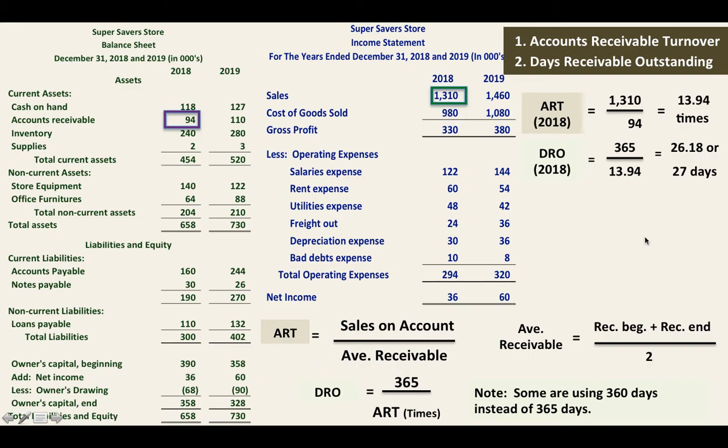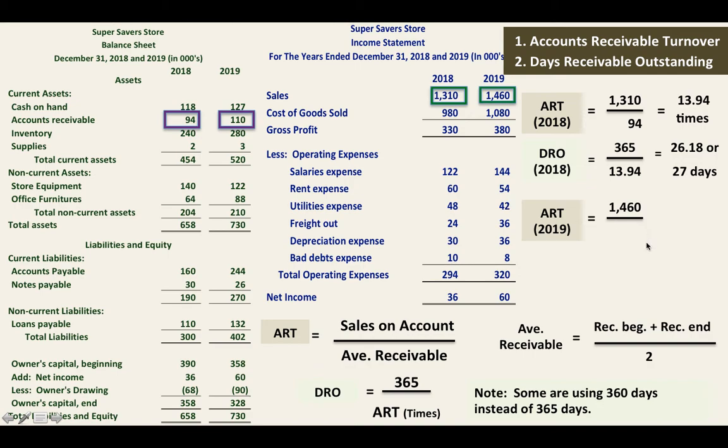For 2019, we will have sales on account, which is 1,460 over average receivable. And if we look at the statement of financial position, now we can have the average. We have the ending on 2019 as 110, and our beginning for 2019 will be the ending of 2018, which is 94.